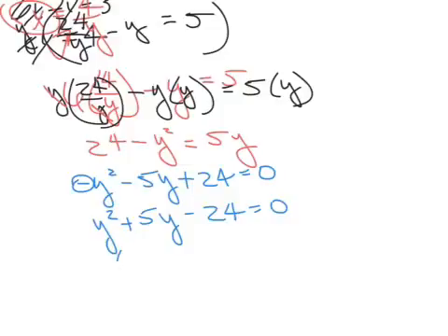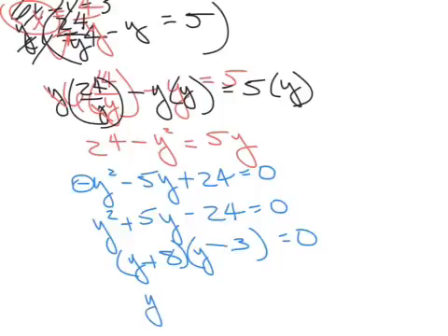Then I can look and say, can I simplify it into two binomials? It sure would be nice if I could, and I can. And my y value then is 3 and 8. Or I should say negative 8. Negative 8 from there, 3 from there.